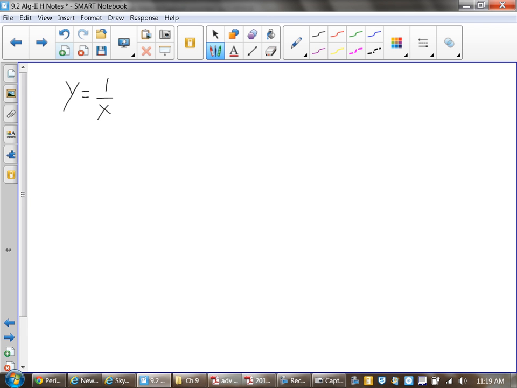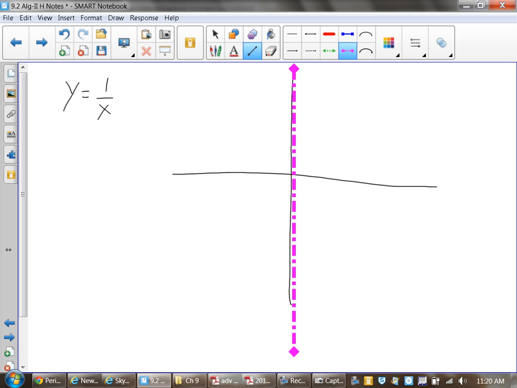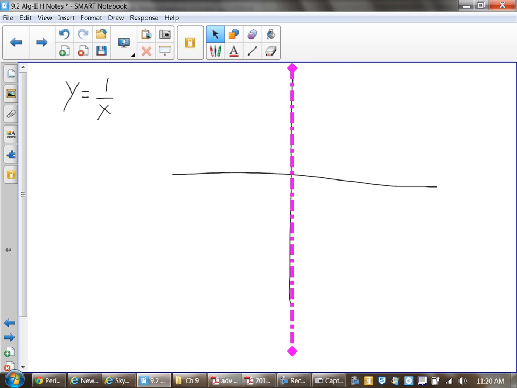Now, when you graph something, what do you put on a graph where something can't be? Do you remember this? Why do I make a dotted line here?